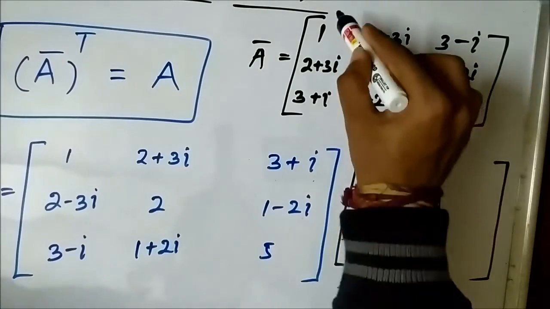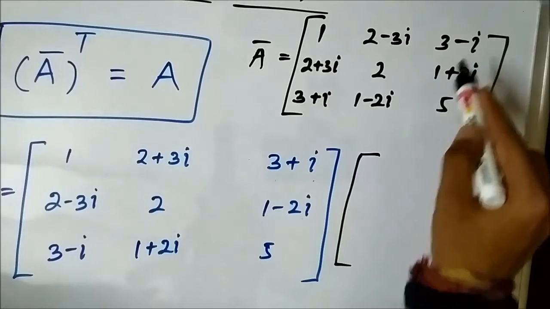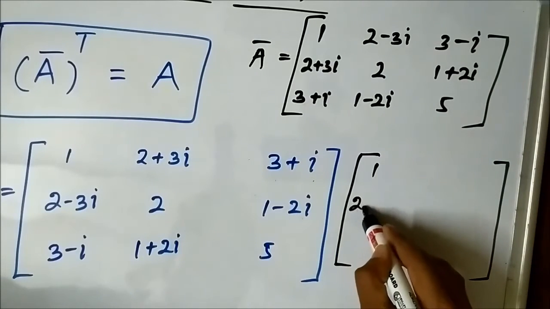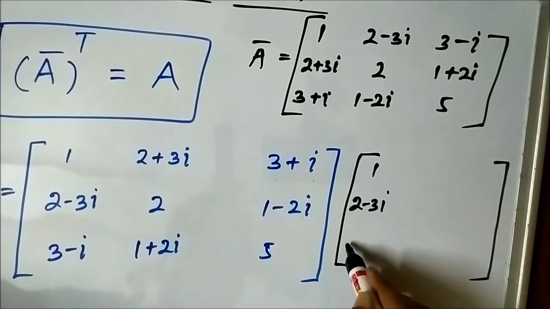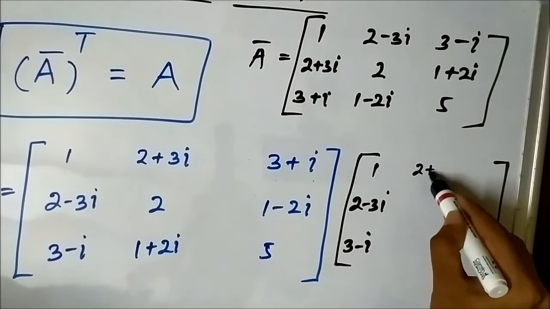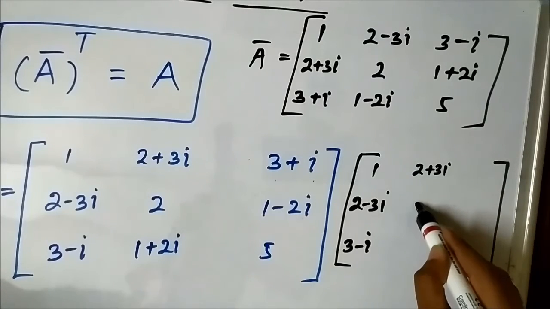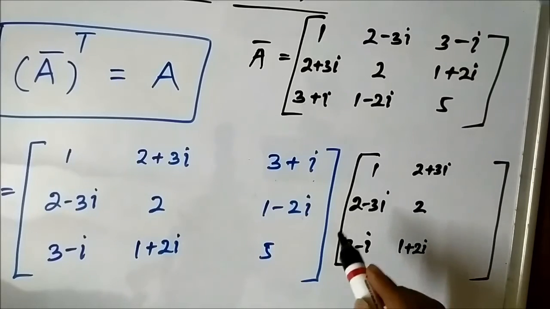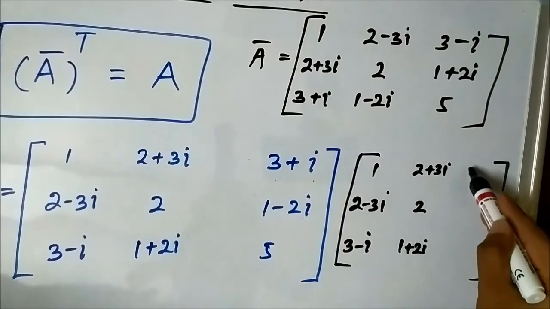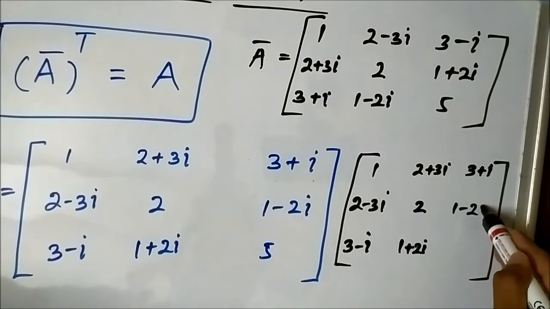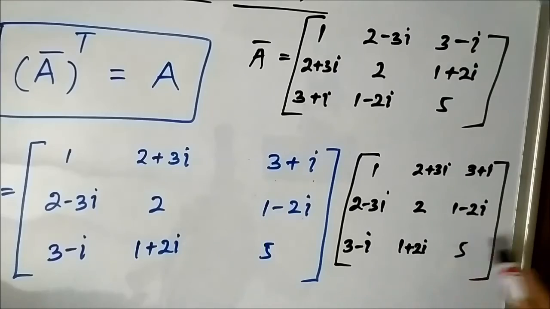The first row will become the first column: 1, 2 minus 3i, 3 minus i. The second row will become the second column: 2 plus 3i, 2, 1 plus 2i. The third row will become the third column: 3 plus i, 1 minus 2i and 5.